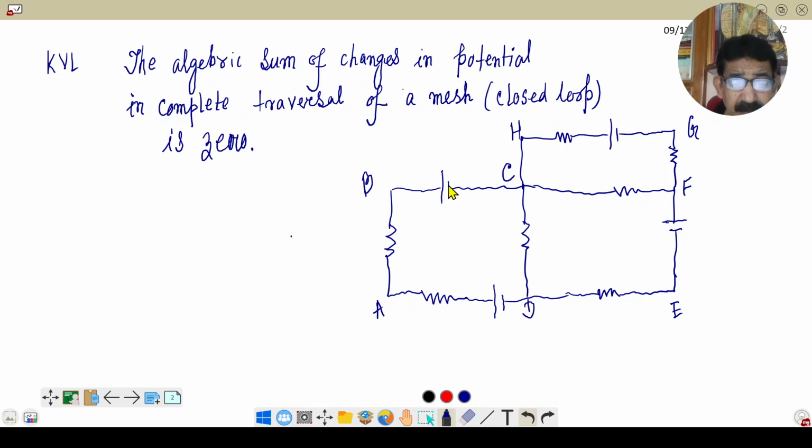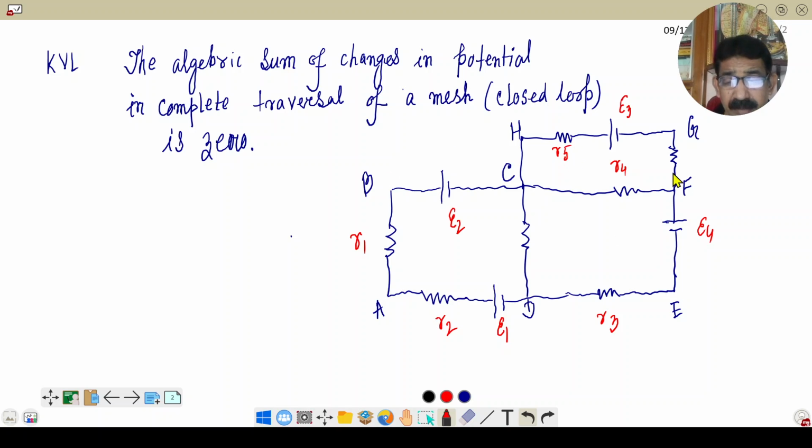Suppose the values of the EMFs are E1, E2, E3, and E4. There are several resistances. So this is R1, this is R2, this is R3, this is R4, this is R5.